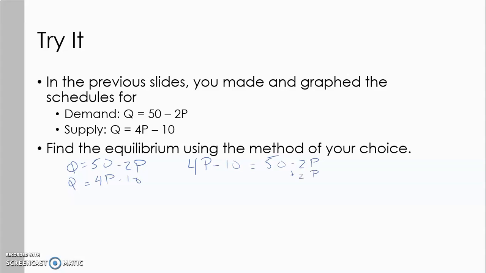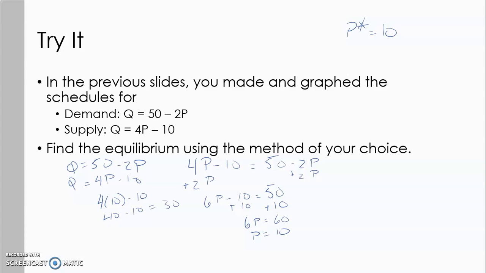Add 2p to both sides. So we get 6p minus 10 equal to 50. Add 10 to both sides. We get 6p equal to 60, or p equal to 10. So let's store this over here. P star equals 10. And then let's go ahead and plug 10 for p. 4 times 10 minus 10. 40 minus 10 equals 30.